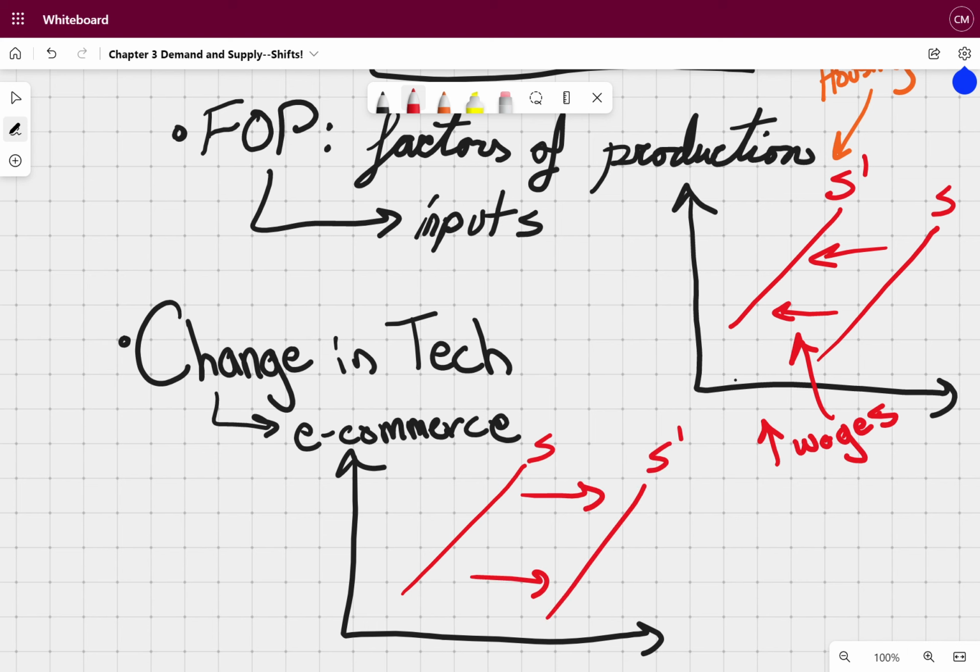Sometimes there might be a change in technology that makes it so that they can produce skateboards with less fiberglass, or a change in technology so that they can create buildings. Like I think there was a big news article and YouTube video 5 years ago or whatever, and it was like a robot building itself. It was in China, and there were no humans there. It was just robots doing it, right? So that's an increase in technology that's going to allow us to produce more at any given price.